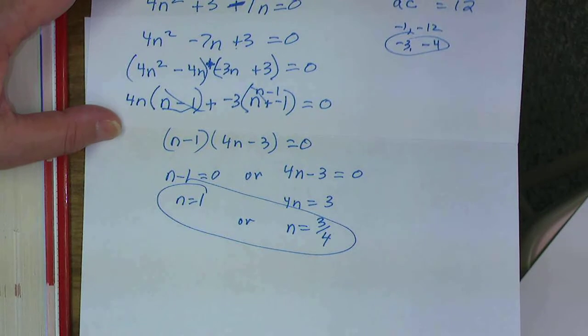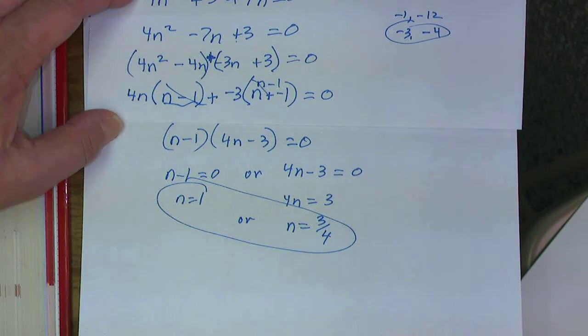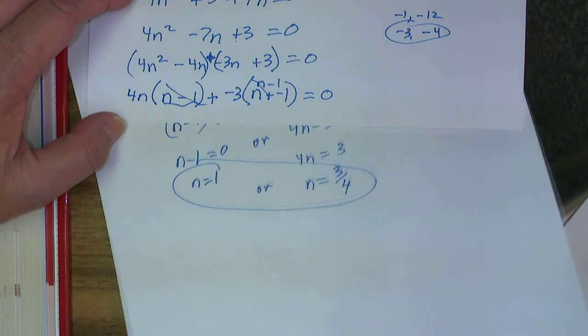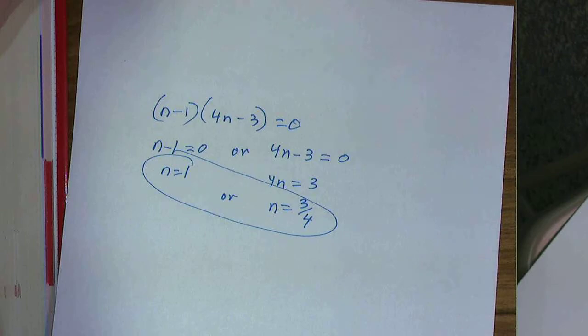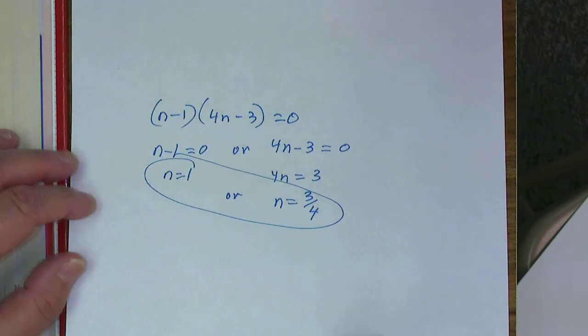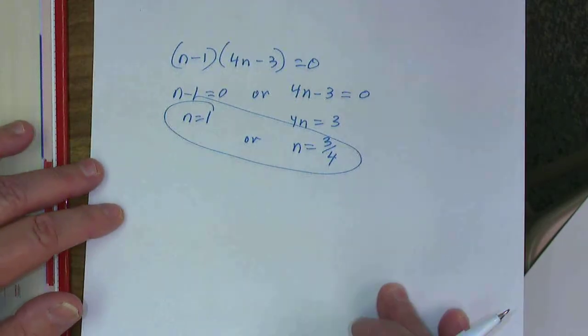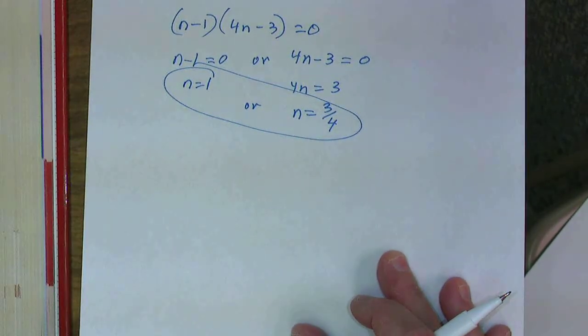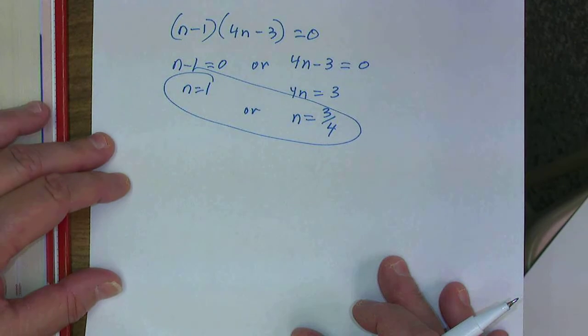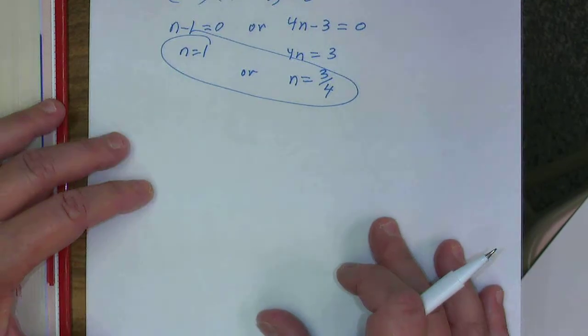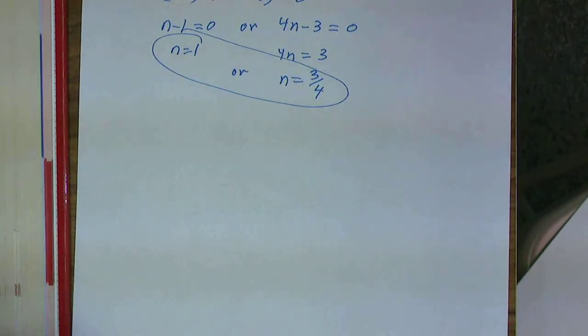The check's a little bit harder, but you can do it just to make sure that your answers are correct. So that is solving when the leading coefficient is not 1. And again, that's multiplying the a and c terms and then dividing that up so that the middle term can be factored by grouping, pairing it up to factor.